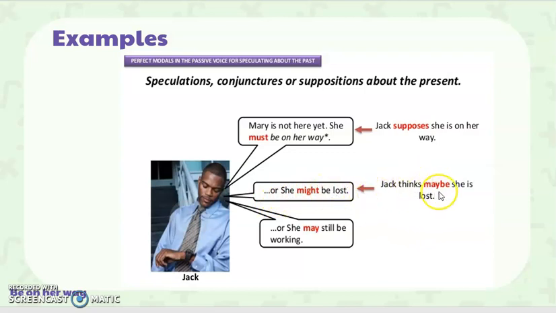Jack thinks maybe she is lost. Or she may still be working. Speculation is about conjectures or suppositions about the present or about the past, or what is happening in this situation. Suppose, must, maybe, might, or may.